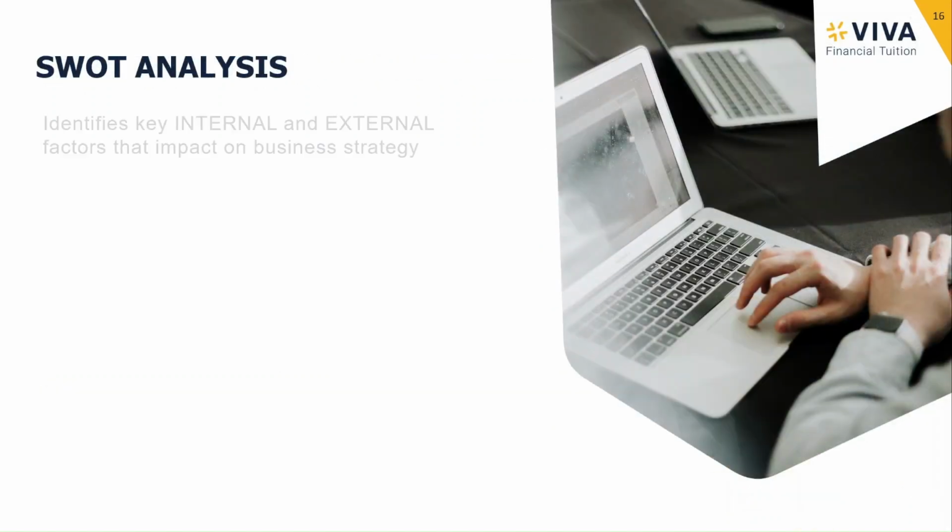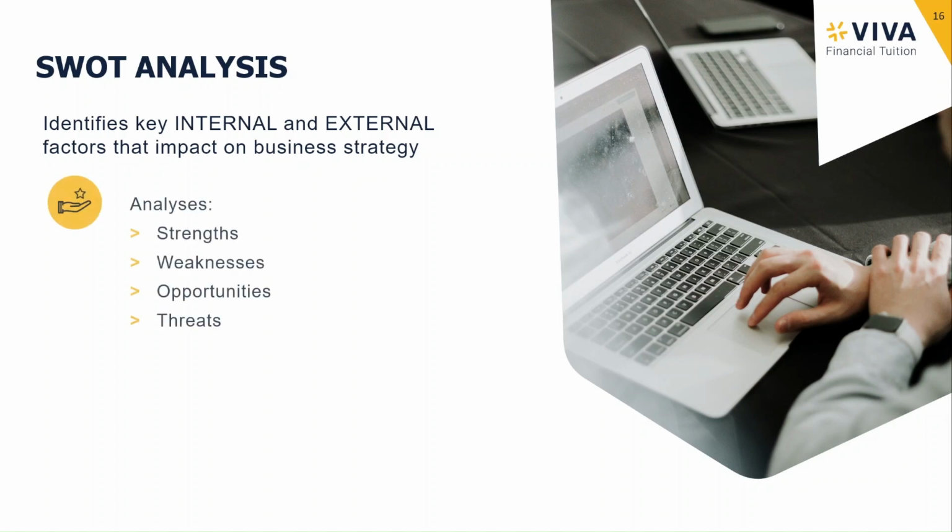SWOT analysis. So what's the point? It identifies key internal and external factors that impact your business strategy. I do find they can be a little bit picky about internal versus external. So strengths and weaknesses are internal, right?